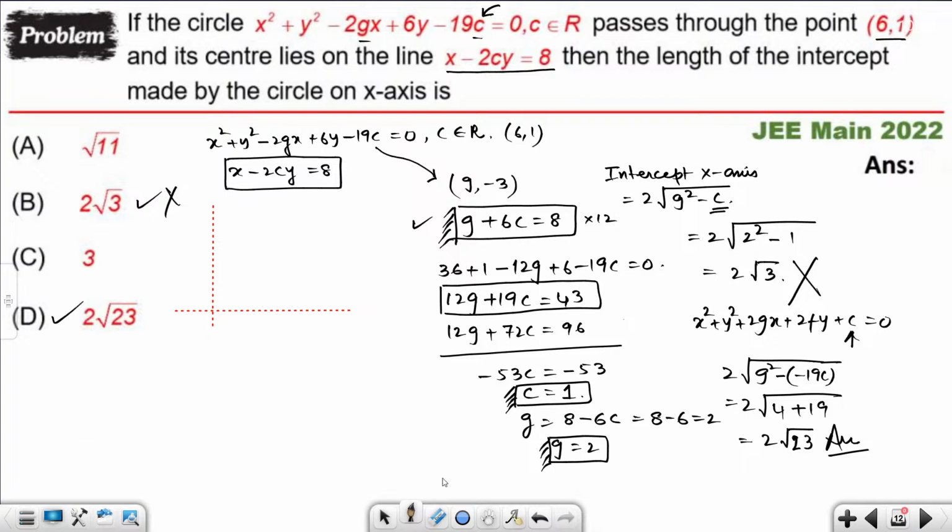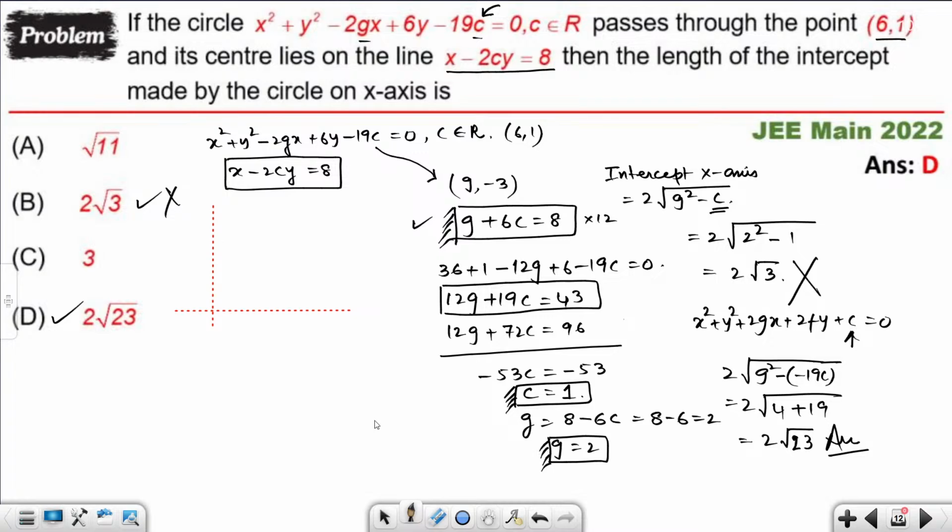Try to understand the logic. That is why I told you that whenever you are memorizing any formula, know the form from where it is coming. Otherwise, it will be difficult for us to solve it. We will solve it, but we will get a wrong answer.